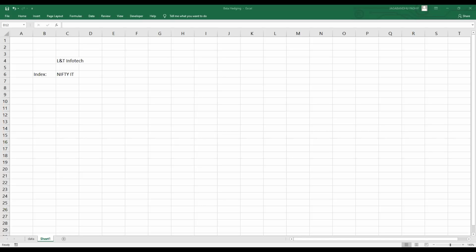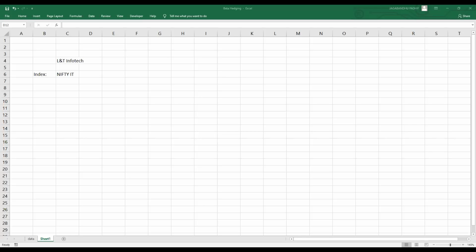Excuse me, sir. Yes, tell me. Sir, I'm not getting the Nifty IT futures value. Nifty IT futures value is not available. Sir, it shows no record. Nifty IT in derivatives. It is not there. Okay, then we'll hedge it by using Nifty only. If Nifty IT is not available, sir, we'll use all values from Nifty.